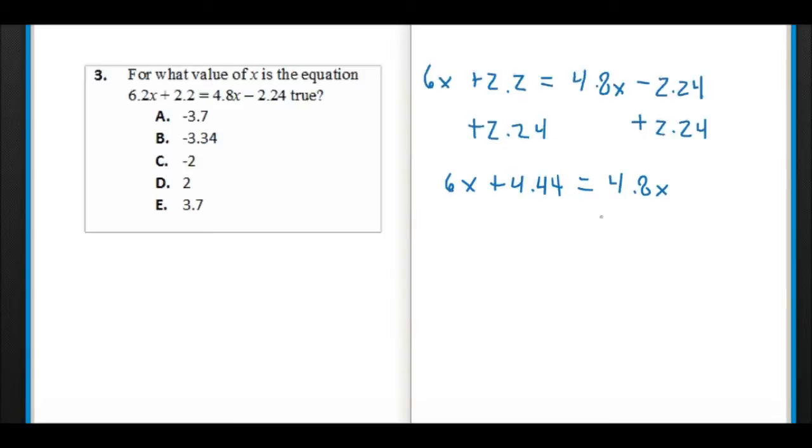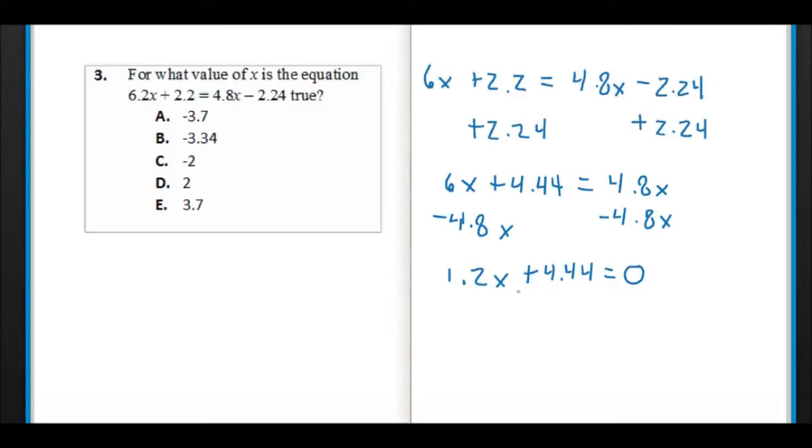I'm going to choose to subtract 4.8x from both sides, and if I do that, I get positive 1.2x plus 4.44 equals 0 in this case.